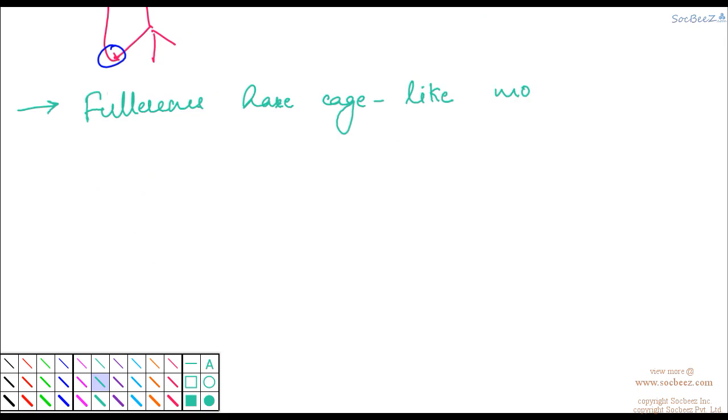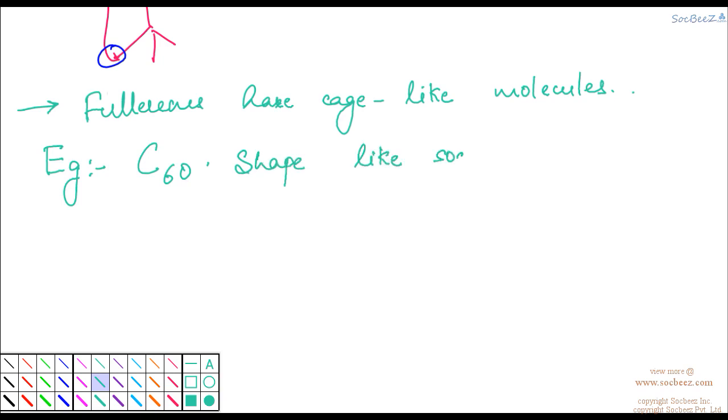One of the examples is carbon 60, C60. C60 is also called Buckminster fullerene. It has a shape like a soccer ball. You must have seen a football or soccer ball. That is the exact shape of C60.